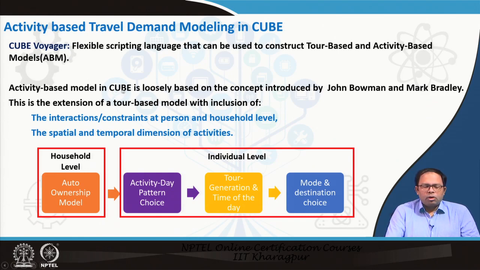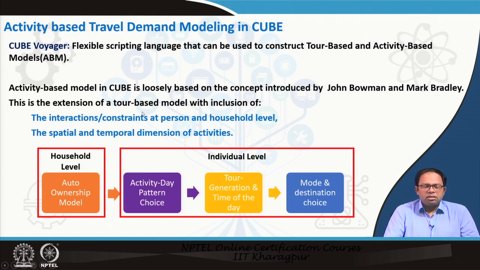The activity-based model in Cube is loosely based on the concept introduced by John Bowman and Mark Bradley. There are several frameworks for activity-based models, with different variations, but the concept followed in Cube is a simple one, which considers the concept introduced by John Bowman and Mark Bradley.